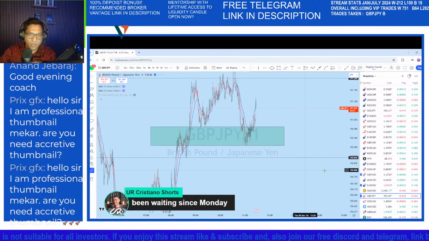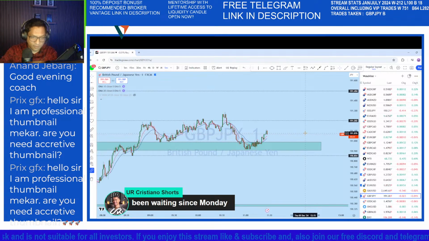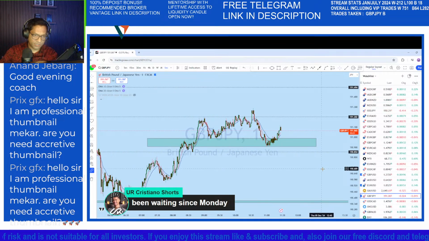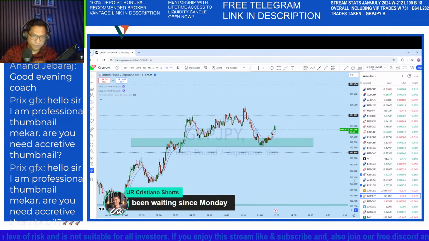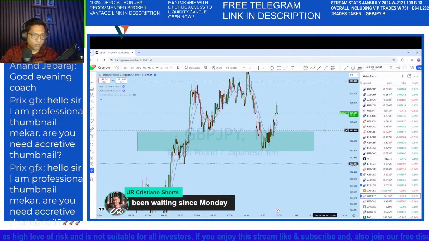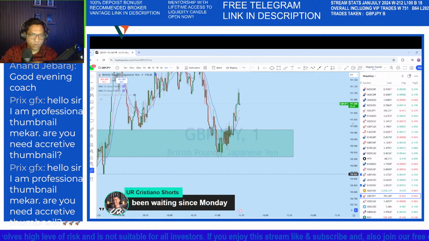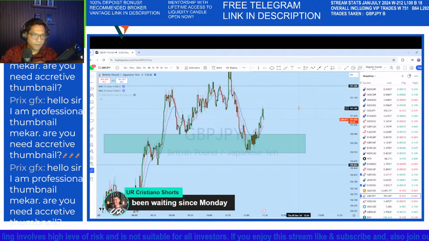We'll see that here. 190.85 is the level that we will be looking at to see if there is any liquidity grab from that level. We'll see how it might be going, and then based on that we can look for an entry opportunity.